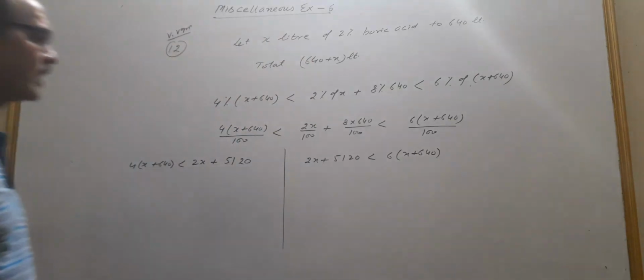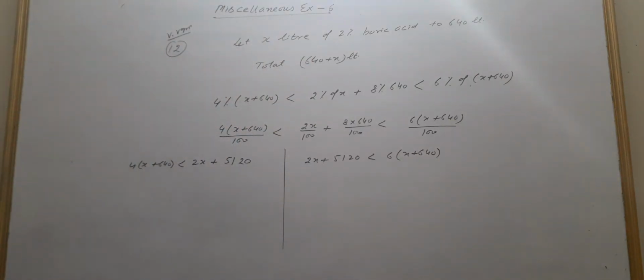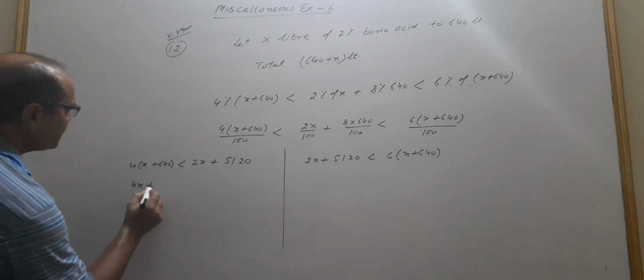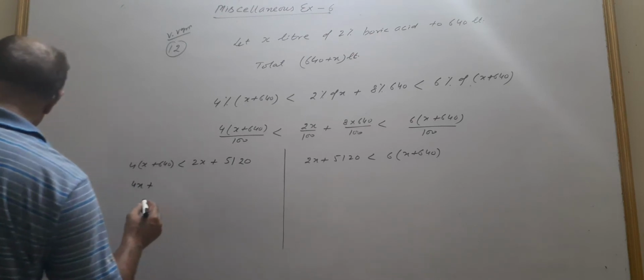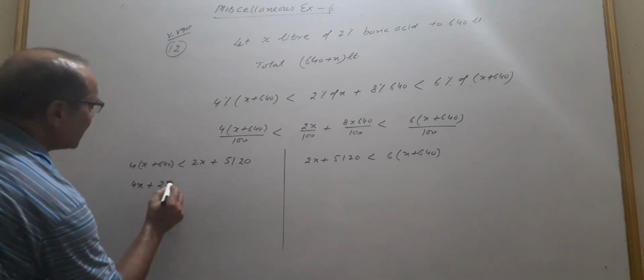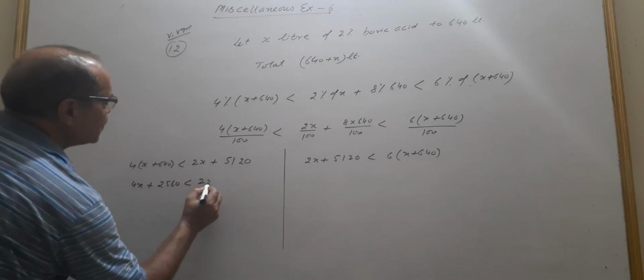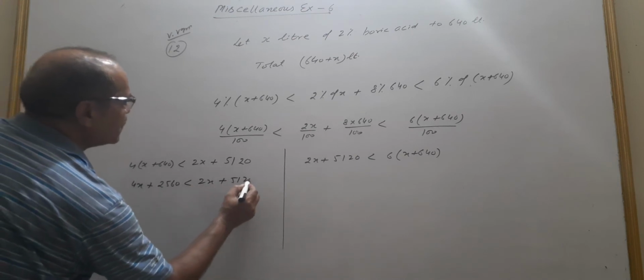You see, it is separated into two parts. One is this much, another is this. So on the left hand side you have to multiply. On multiplication this becomes 4x plus 2560 is less than 2x plus 5120.